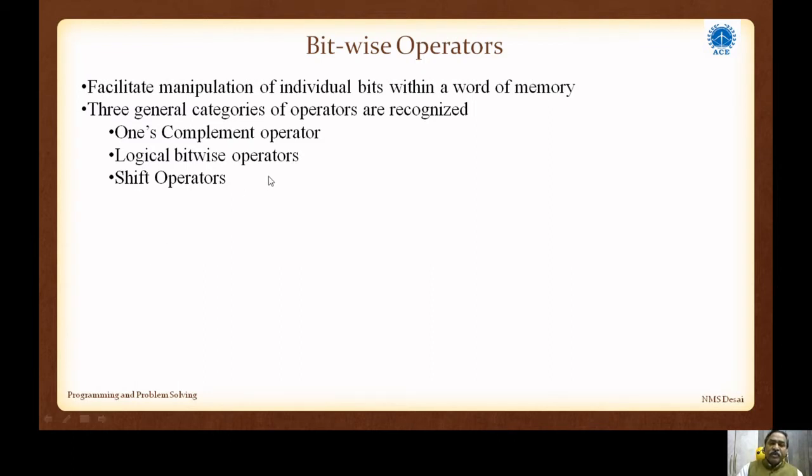Now coming to the shift operations, there are two operations defined, left shift and right shift. What happens is that when a memory word is given, left shift inserts 0 from the right hand and drives out the most significant bit in the memory location.